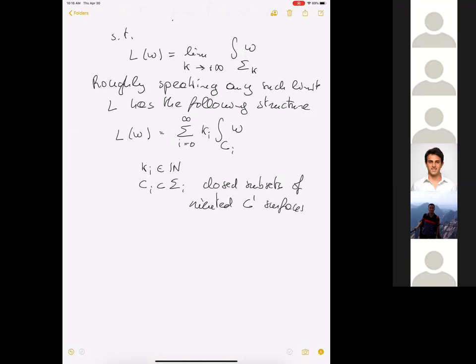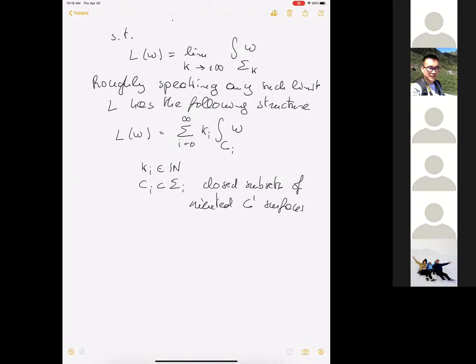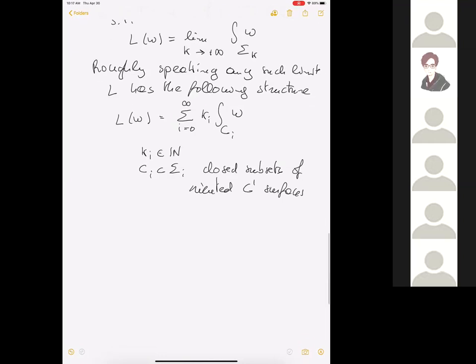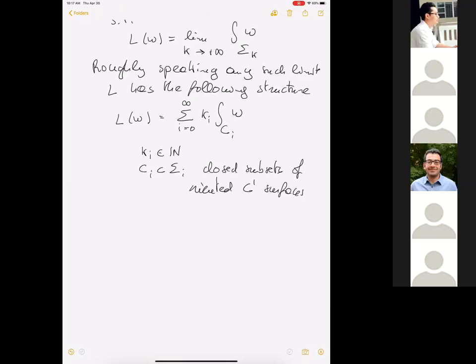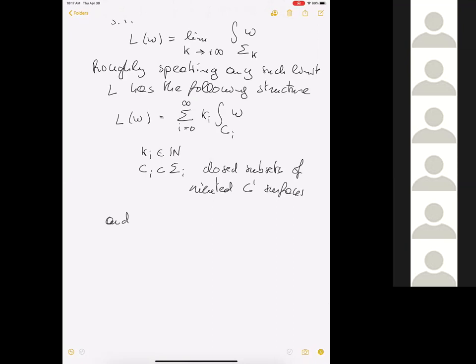So it's a little bit like the formal linear combination of surfaces, but what I allow you to do is to take not an entire nice smooth sigma_i, but to take, for instance, a very fractal set inside. And so L has the following structure, and what is very important is that even the boundary of L has a similar structure, right?